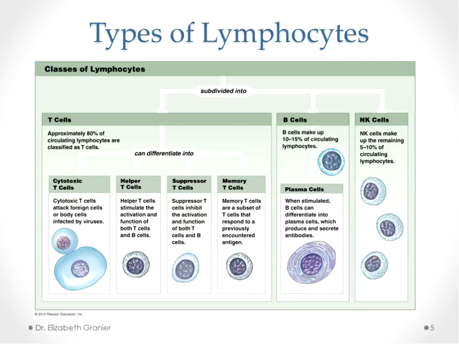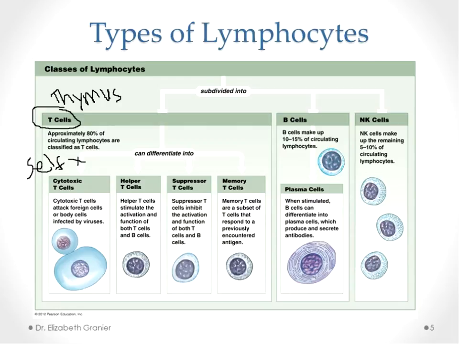Okay? So again, just a different way to see what the types of lymphocytes are. So there are more than just T cells, B cells, natural killer cells. There are subtypes. So the T cells are the big category. And again, they get the name T cells because they are going to leave red bone marrow at some point and head to the thymus gland, all right? And in the thymus gland, they are going to become competent. And part of these cells becoming competent means they have the ability to understand if something is self or not self, right?